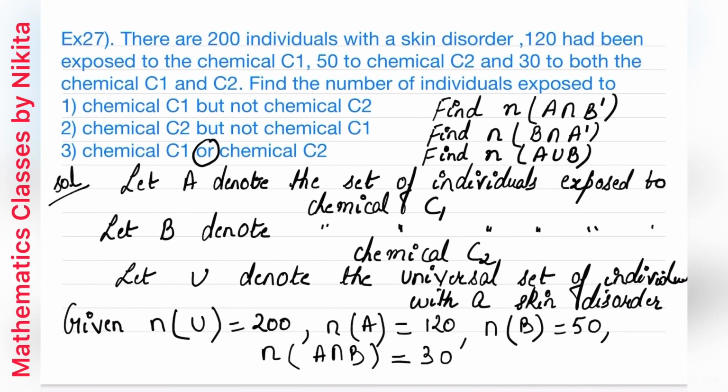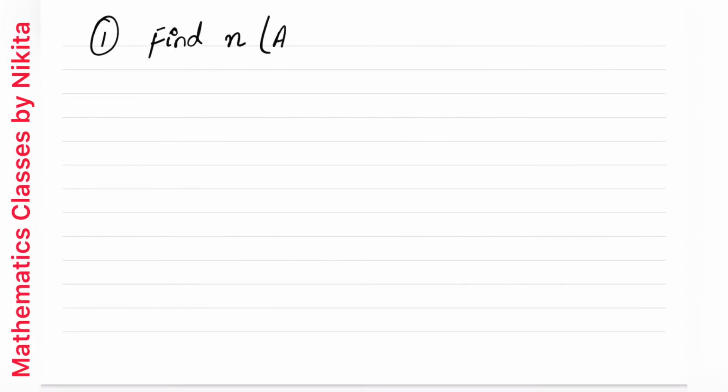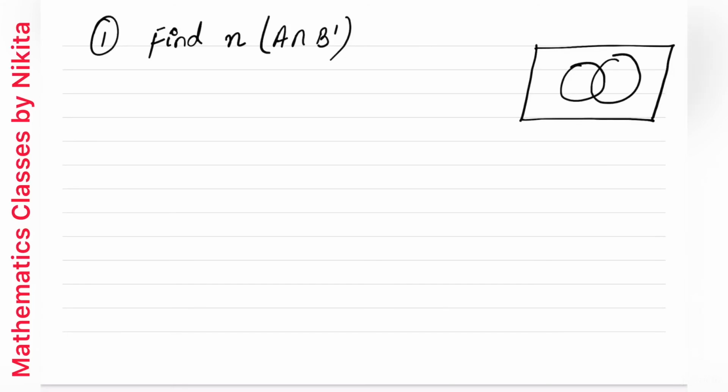So first we have to find the number of elements in A intersection B complement. Now first of all draw the Venn diagram and let us see what is A intersection B complement. So suppose this is your set A and this is your set B. A intersection with B complement.